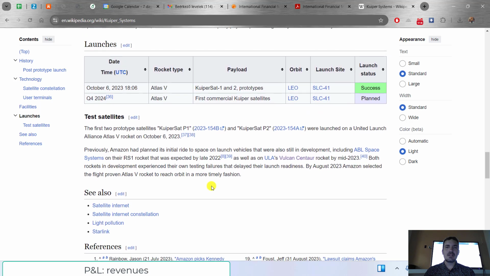User terminals, facilities, launches, pricing.